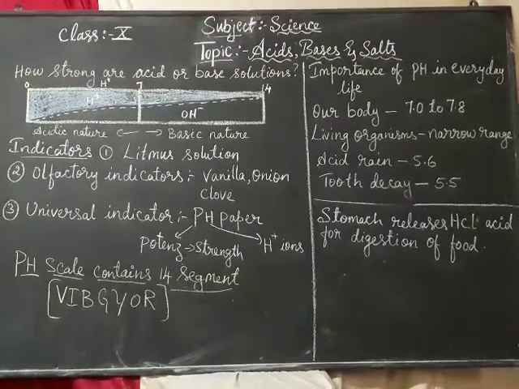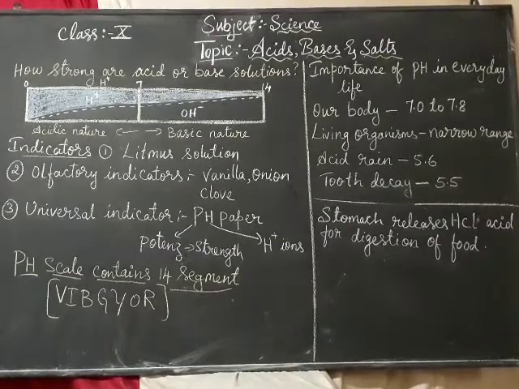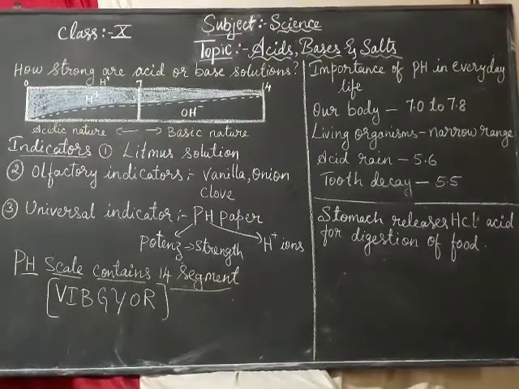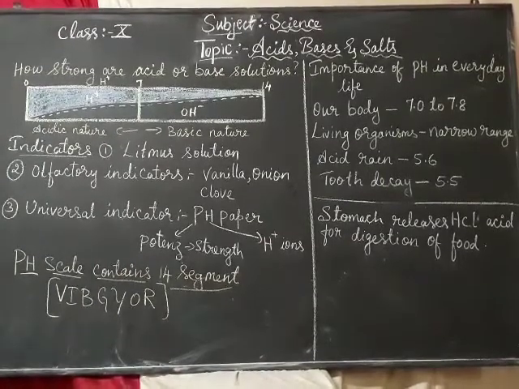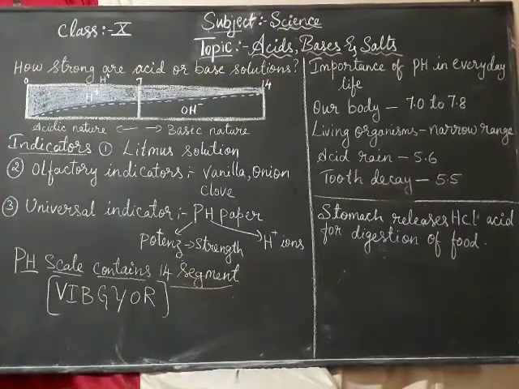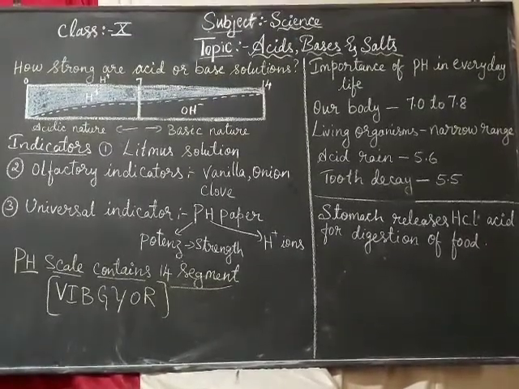Then the calcium phosphate reacts with the food acid present in our mouth, and it starts corroding the enamel of the tooth. Once it is corroded, the bacteria and germs go inside the tooth and it starts decaying. For that, what we have to do is rinse our mouth properly and use a proper toothpaste.